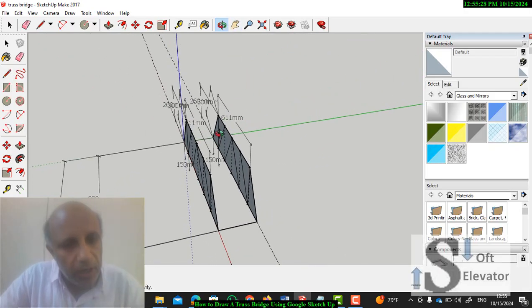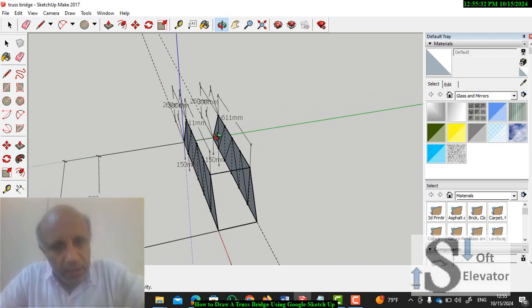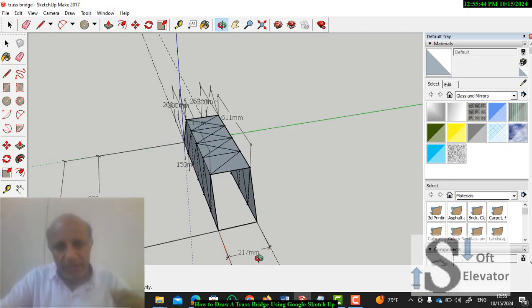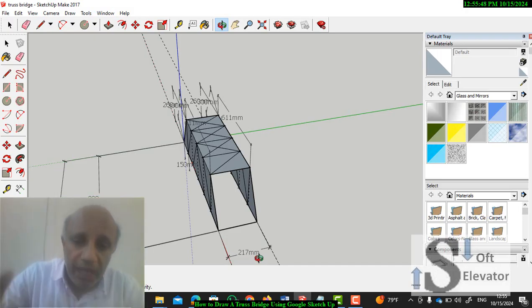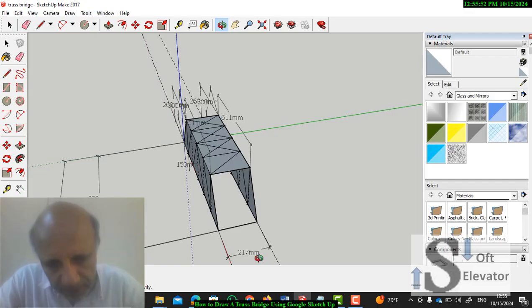This width, I will compute now the dimension of it and put the upper layers, upper segments, as you see. Also in truss, in cross, and this is the width. The dimension is 217 millimeters, because we have a scale of 1 to 50.